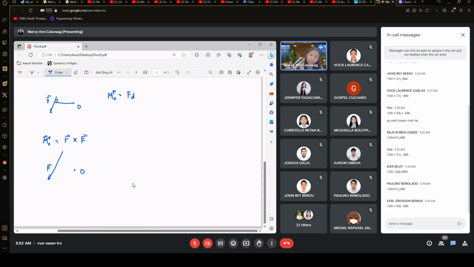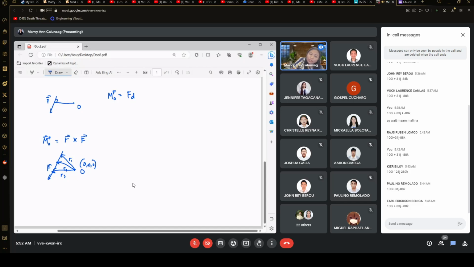So for this R, for example, this is the moment center, point O. You can take this as your R1, or you can take this as R2, or this one as R3. Since this is the origin, the coordinates of the point are 0, 0, 0.